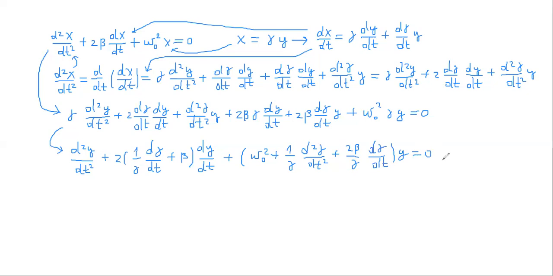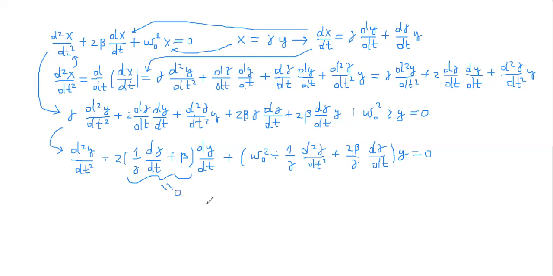So we have made some changes in our differential equation, and let's try to find such function gamma when this is equal to 0.